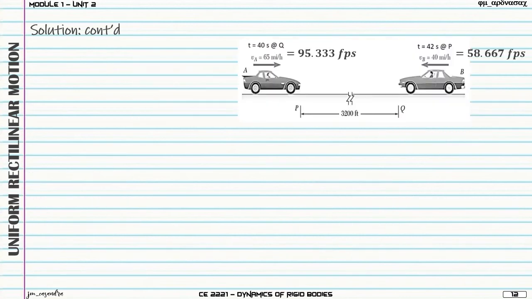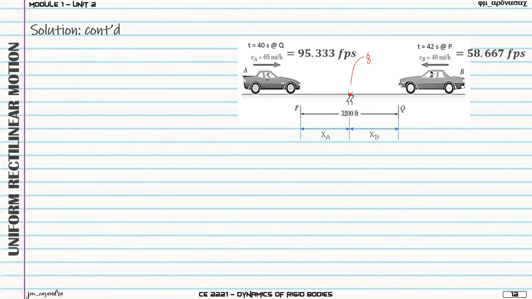So for our next required, we want to solve for the time that vehicle A and vehicle B would pass each other. So meaning, we want to solve this point wherein they will meet. Okay, so we have this point. So let's call this point G, for example.